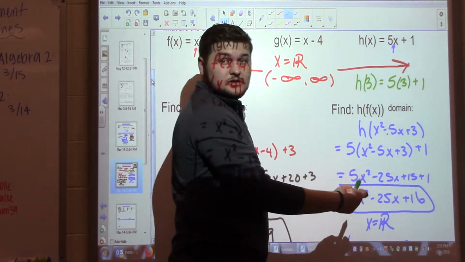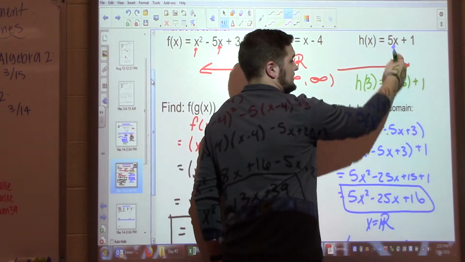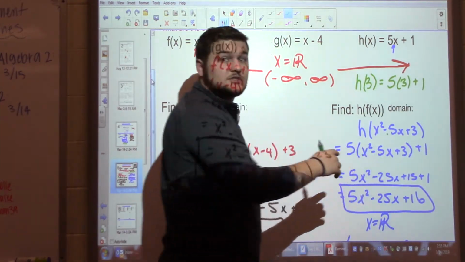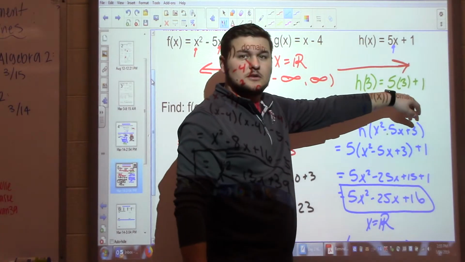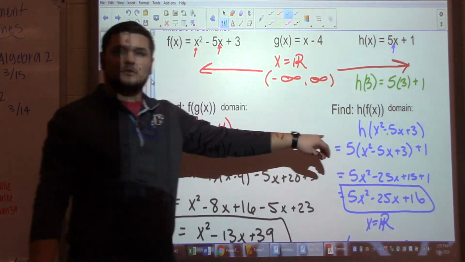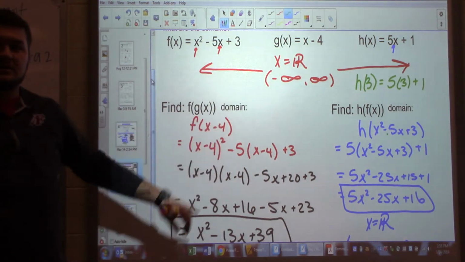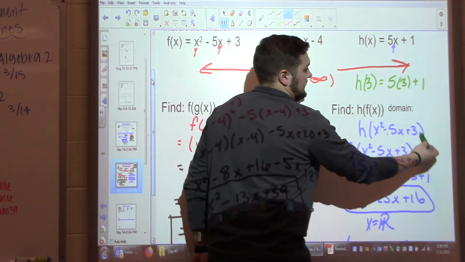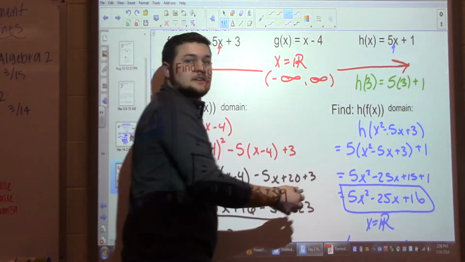So I'm taking this and replacing x, just like I did with the 3, and the x goes away. And this becomes what x was. Does that make more sense? So I find first what f of x is, and you plug whatever f of x equals in for x.